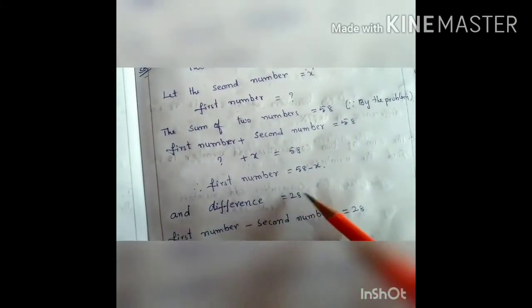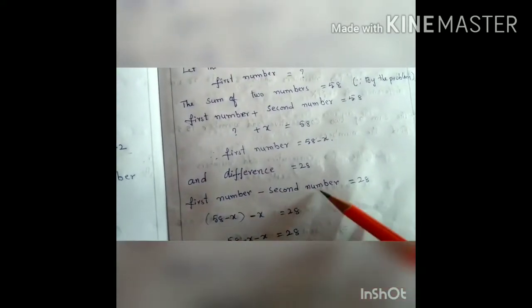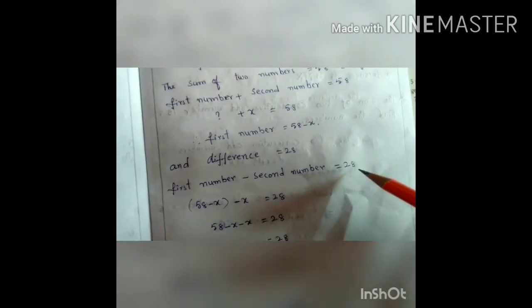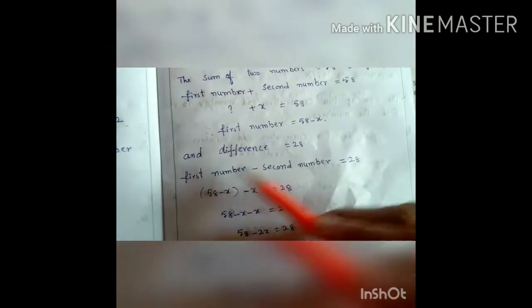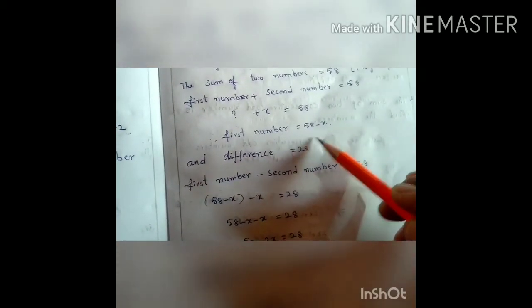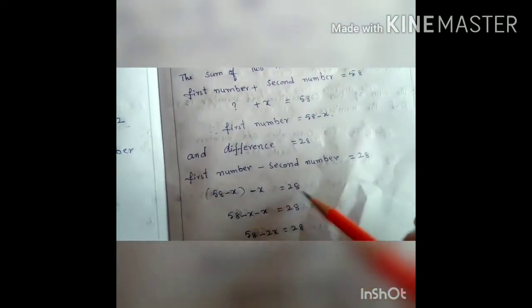Okay, the difference equals 28. It means the first number minus the second number equals 28, by the problem. Here, what is the first number? You found the first number: 58 minus x. The second number is x, minus x equals 28.